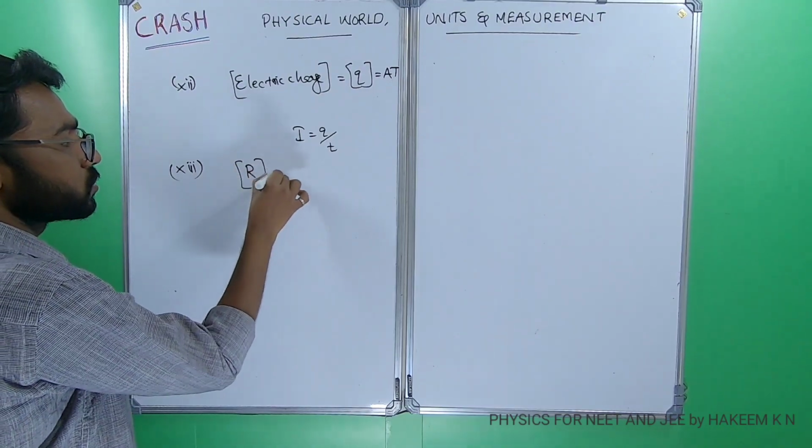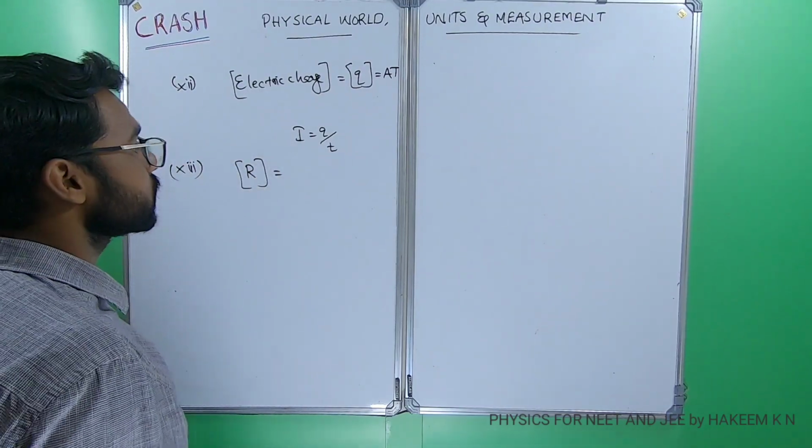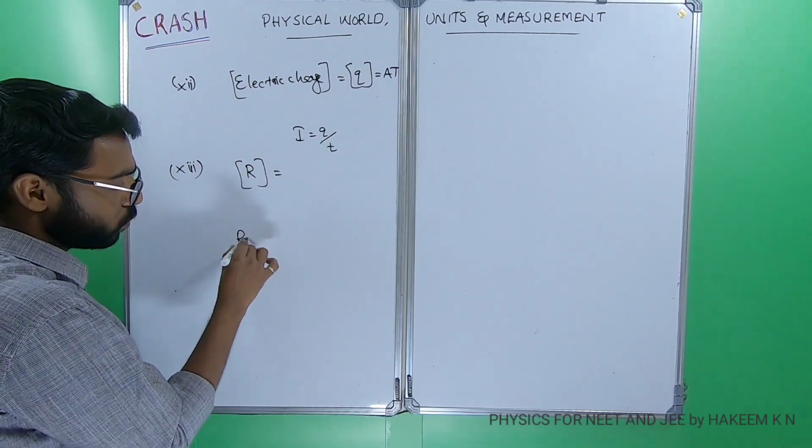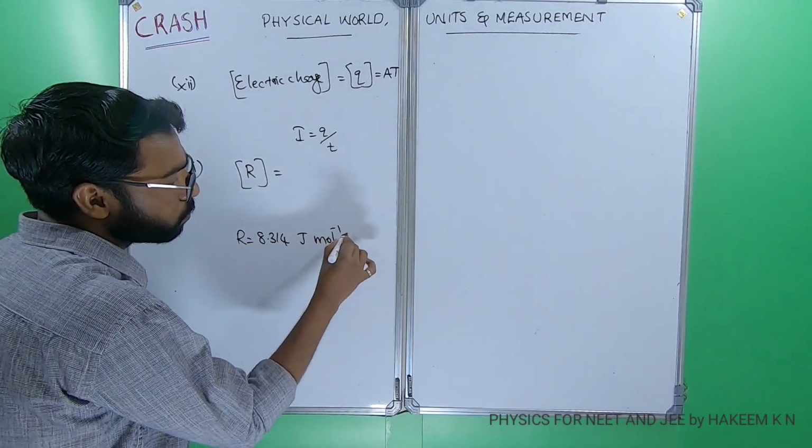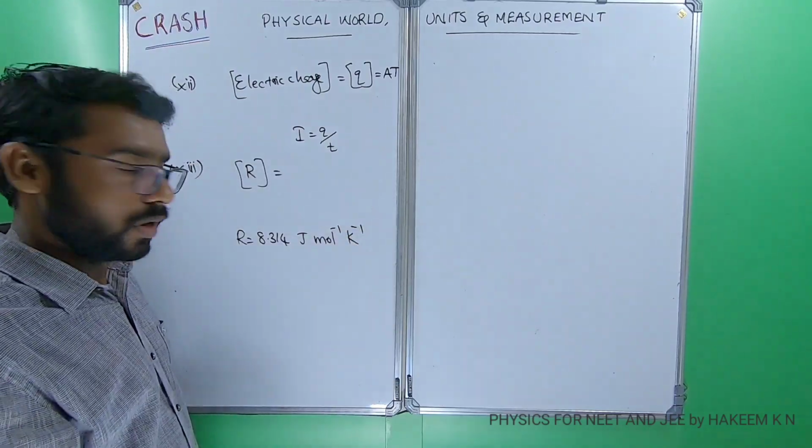the universal gas constant, capital R. Its value is 8.314 joule per mole per Kelvin.